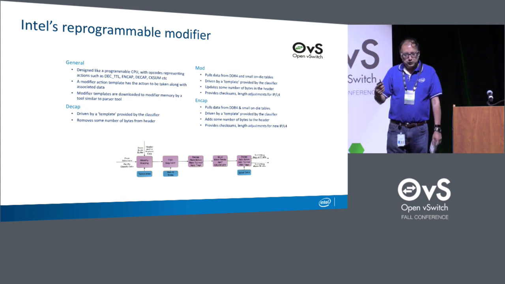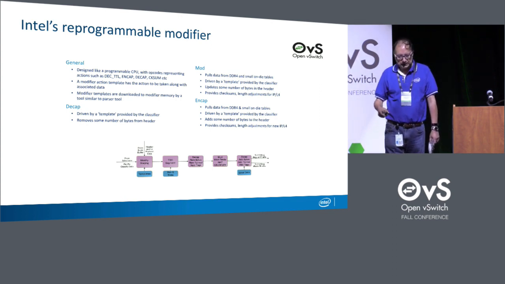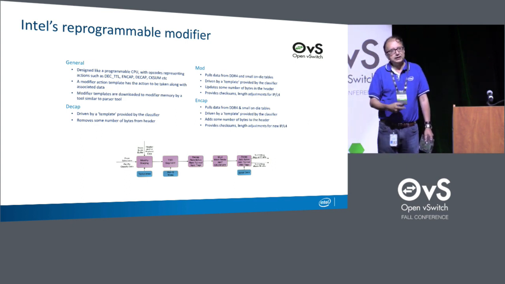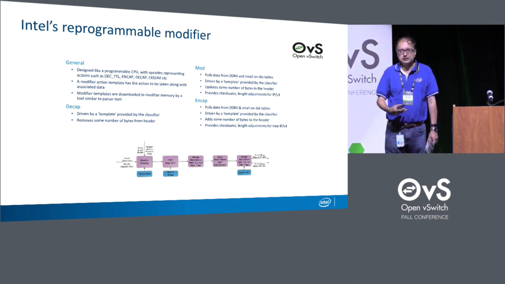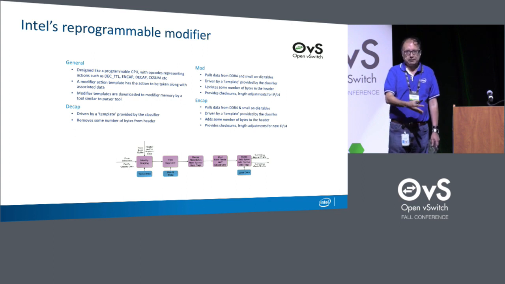So what do we do for some of these things? I just wanted to give an example. For instance, decap: essentially all that happens is when the stream gets DMA'd out, it is able to take out a certain number of bytes from that. So what gets streamed out does not have the decapped header.